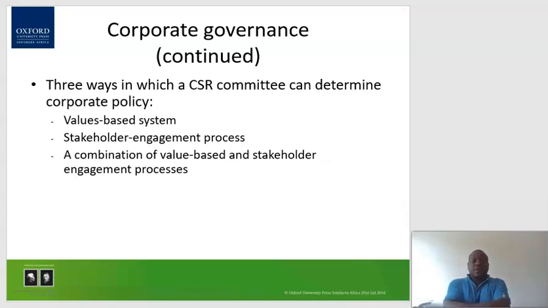Then the third option is a combination of the values-based and the stakeholder engagement process, which to me seems to be better because in this case, a company is not just doing what they think is good from their side, and they are also not doing what the community just thinks is good from the community side, but they actually listen to the community. Then they also do something that is in line with their values, their vision, and their mission.